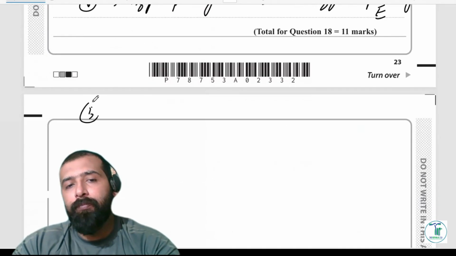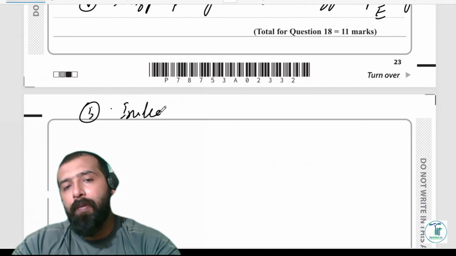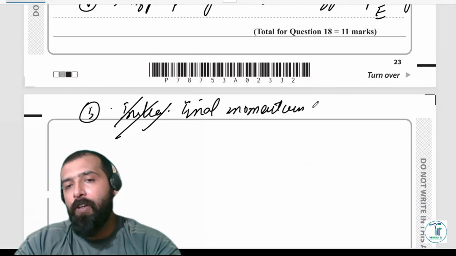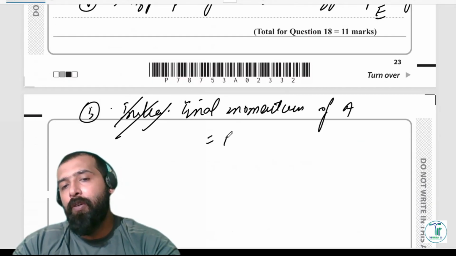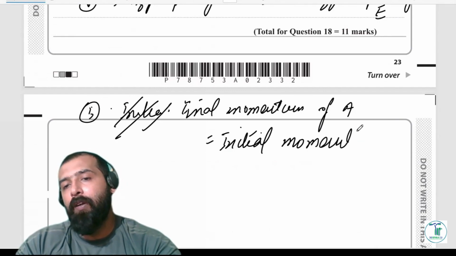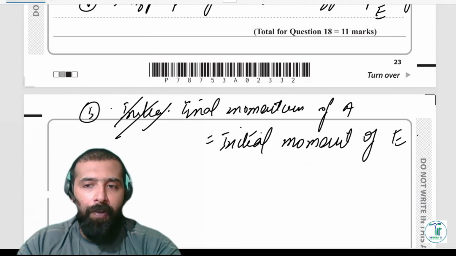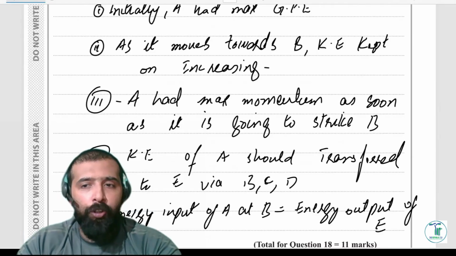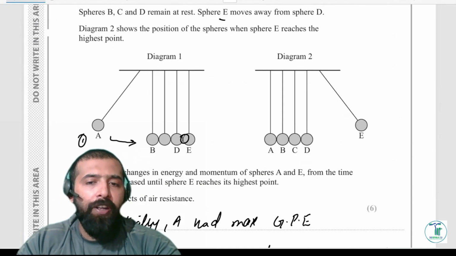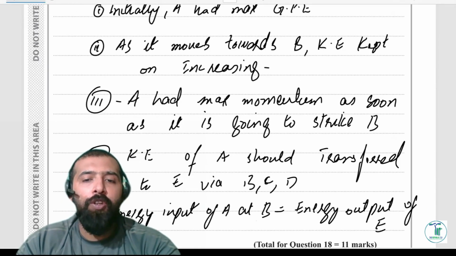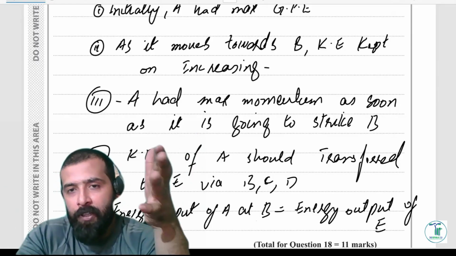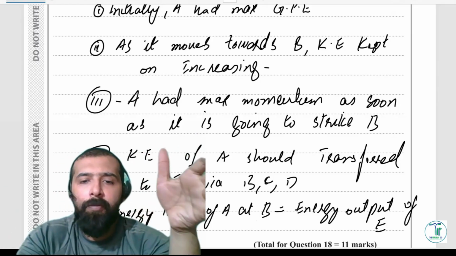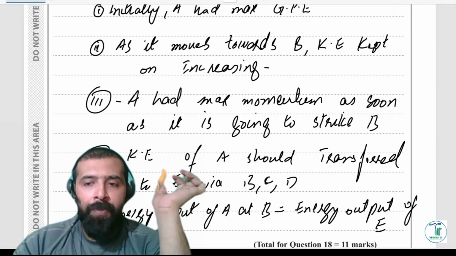And at the same time, the final momentum upon collision of A should be equal to the initial momentum of E as well. Remember that we're talking about the law of conservation of energy and the law of conservation of momentum, and both of them should be conserved. So you just need to write down these important points, and then at the end of the day, you need to talk about the relationship between the energy conservation and the momentum conservation of both these bodies.